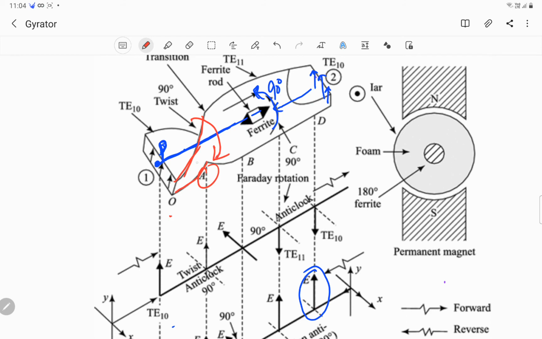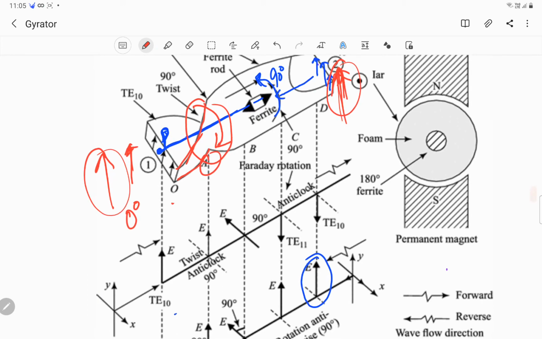So the 90 degree shift caused by the ferrite in the anti-clockwise direction and the 90 degree shift caused by the bend in the clockwise direction nullify each other, so that we get a wave which is polarized upwards. So we feed a signal polarized upwards at port 2, and we receive a signal polarized upwards at port 1. So there is a zero phase shift between ports 2 and 1.